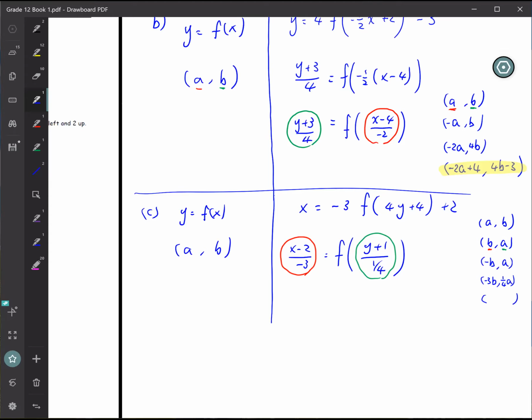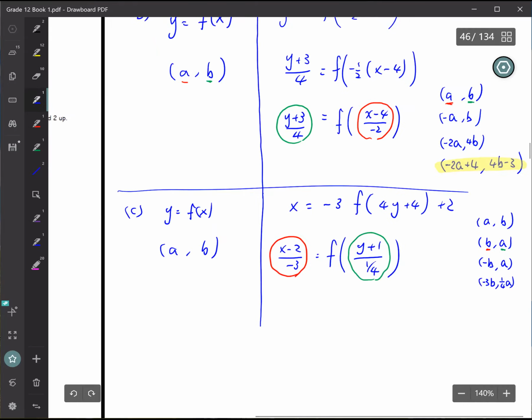So Brandon, can you try this one? So negative 3b, where do we move? Move down 1. So it'd be negative 3b minus 1. Okay, negative 3b, wait, x, never mind.